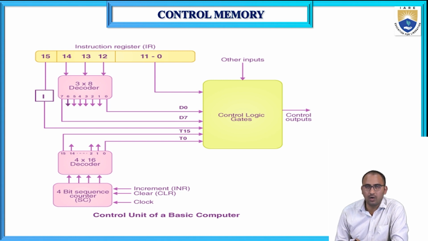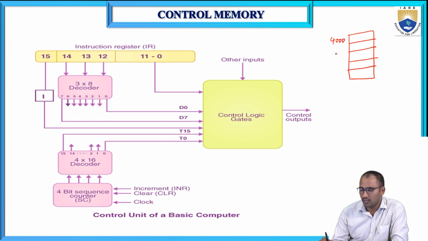If you look at the operation, in general we store the program in memory. The memory contains multiple memory locations, and every memory location has an address. We store the program in the memory, and a program is nothing but a collection of instructions.